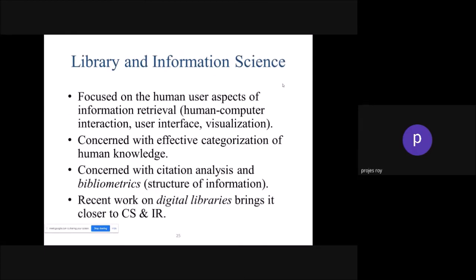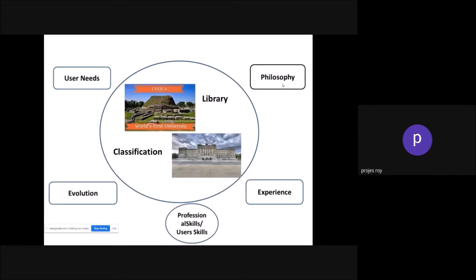What are we doing? What is our role? If you look at the role of a library, probably you can see here, we have a philosophy, we have experience, we have the skills, we have evaluations, we have a user, we know the user need. Suppose a library like the Library of Congress, whose bookshelf is almost 526 miles long.